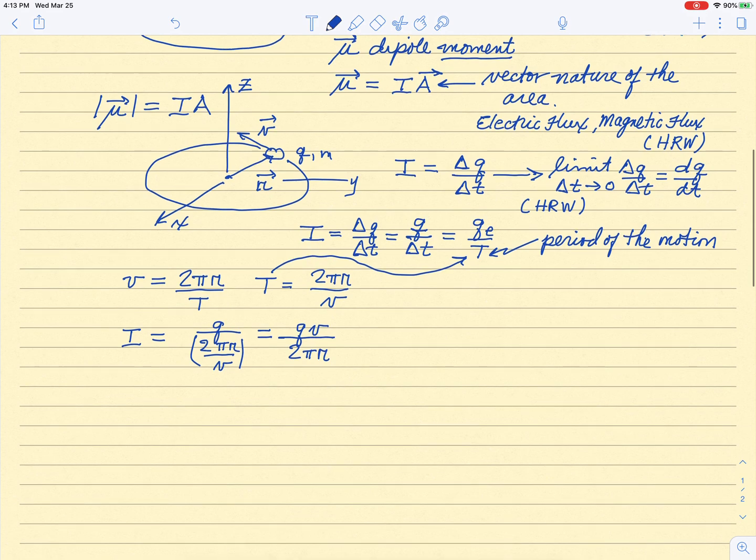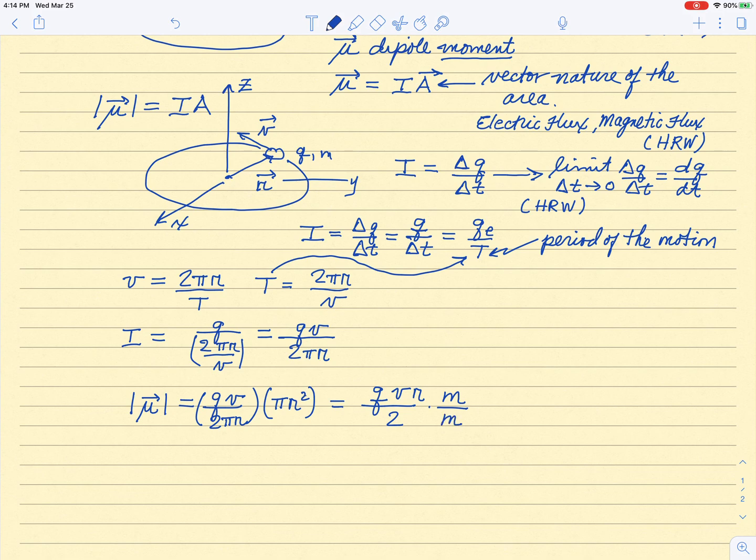And so then the magnitude of the dipole moment is going to be equal to the current, which is qv over 2 pi r, times the area, which is pi r squared. And so that's going to be qvr over 2, times the mass of the object over the mass of the object.